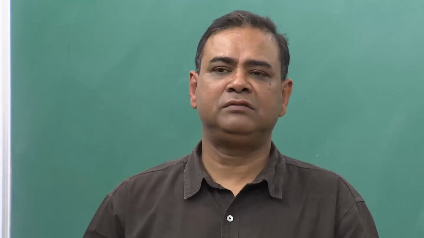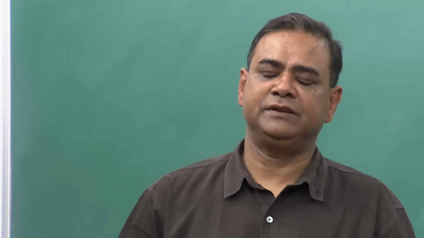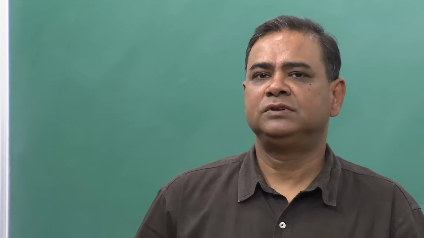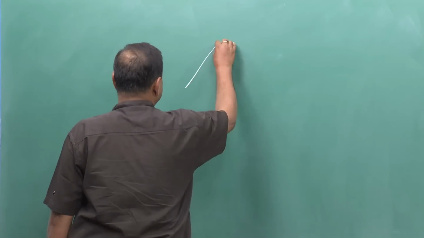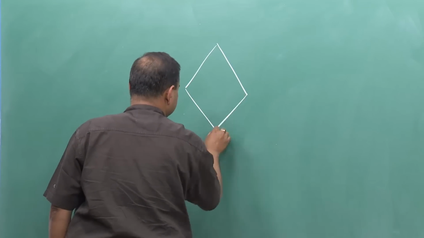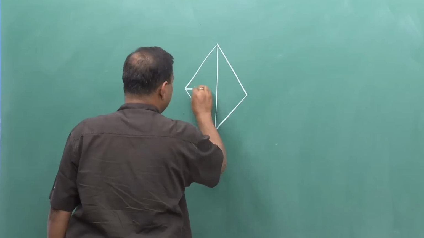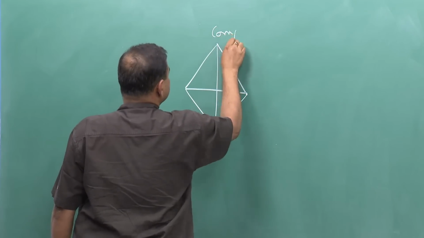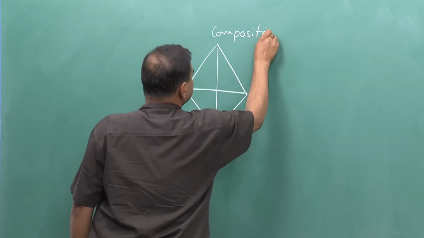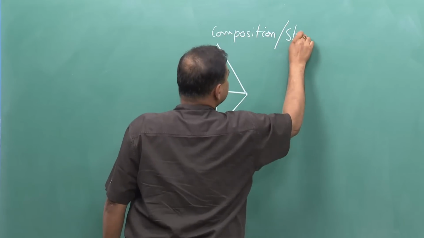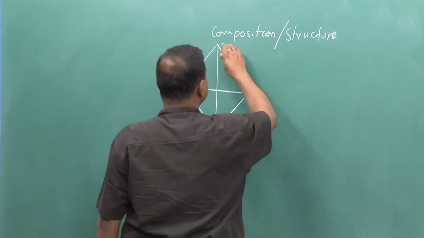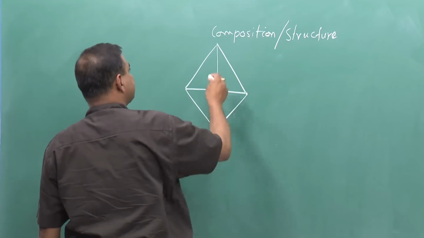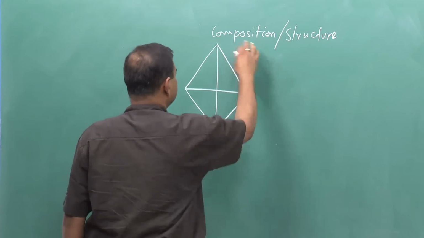Now, coming to this course, heat treatment is a very important aspect of materials. We all know the material tetrahedron, which has 4 aspects: composition or structure. If we fix composition, then structure would be the parameter, and if we fix the structure, then composition is the parameter, so we can change both.